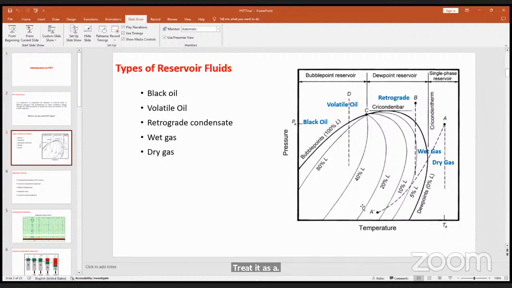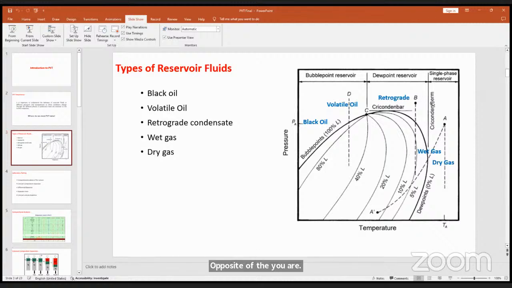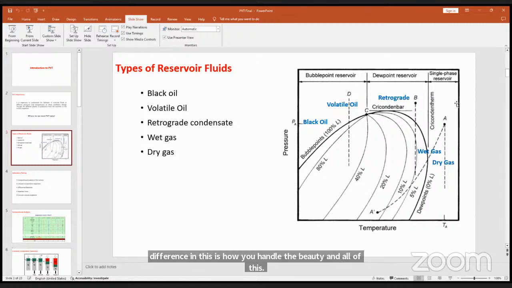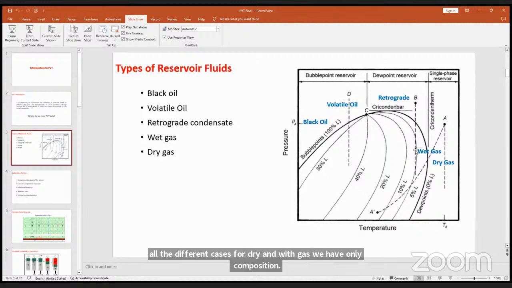If the GOR is less than that or the CGR is higher, because the CGR is the condensate to gas ratio, which is the opposite of the GOR, then we treat it as a proper gas condensate. So the difference is how you handle the PVT. For dry and wet gas, we have only composition. We do some tests in the case of gas condensate reservoirs.